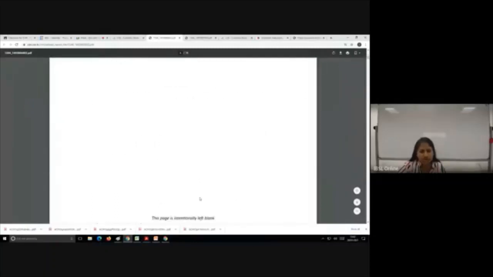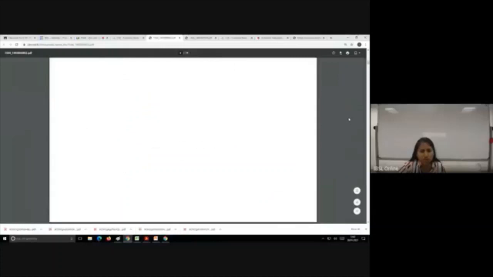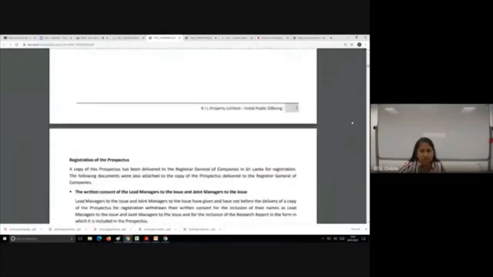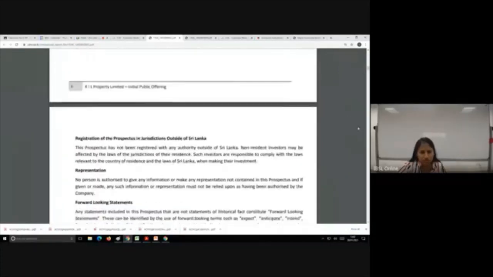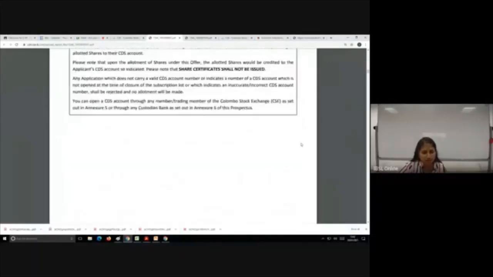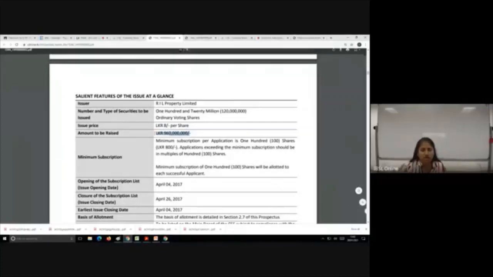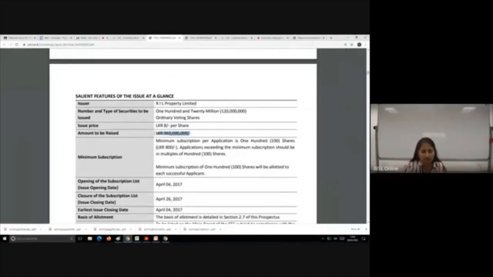They are issuing 120 million shares at 8 rupees each to source their entire requirement from the share issue. So all of these are advised and decided in partnership with the managers to the issue.